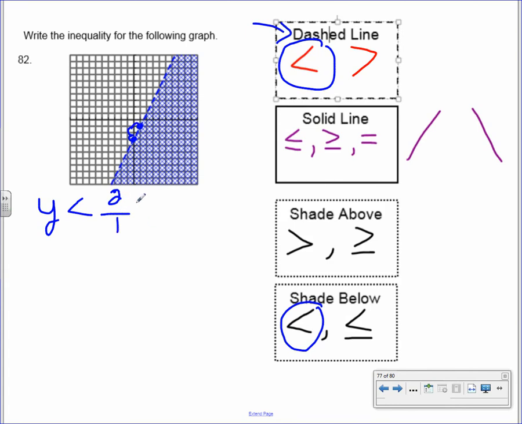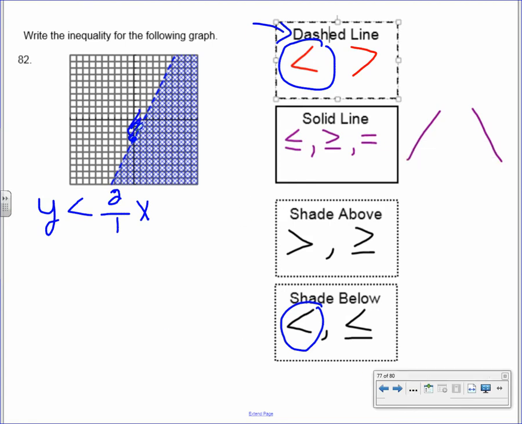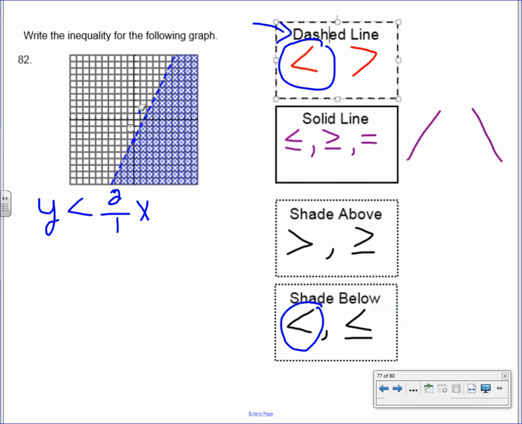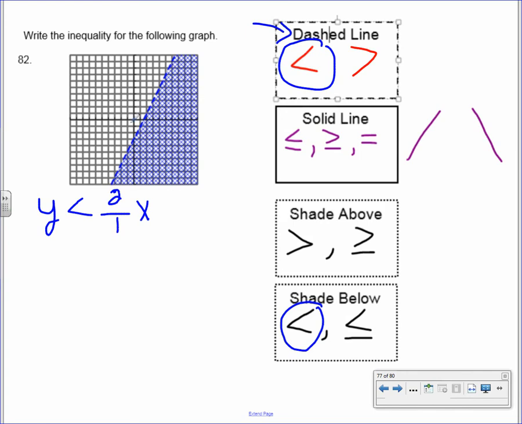And the slope goes with x, so 2 over 1x. And my y-intercept is right here at negative 1, 2, 3. So y is less than 2x minus 3. There's your inequality of this graph.